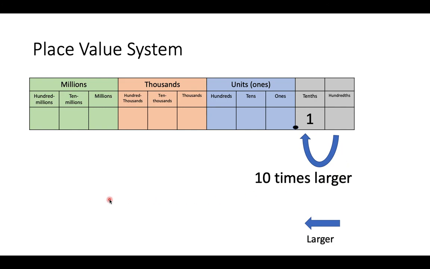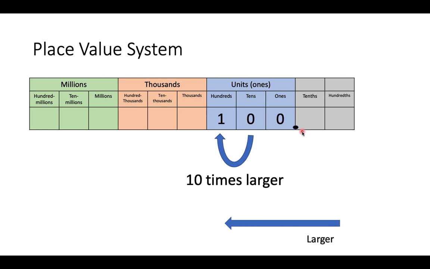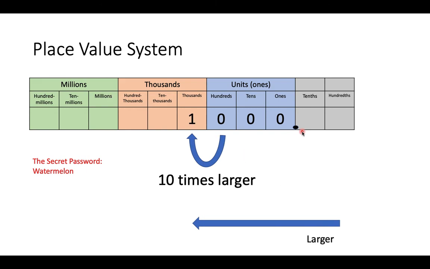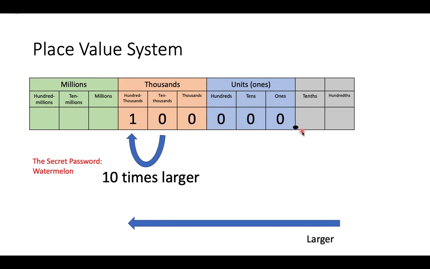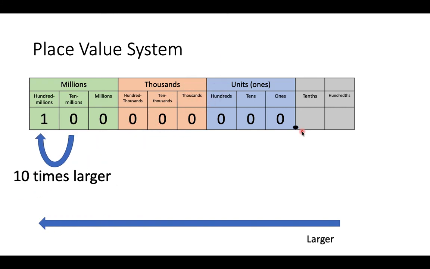And then we start going back, and moving the 1 from here to here made it 10 times larger, and 10 times larger, and larger, and larger, and it would keep going if I had room into the billions and trillions.